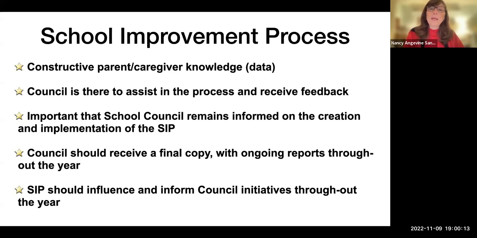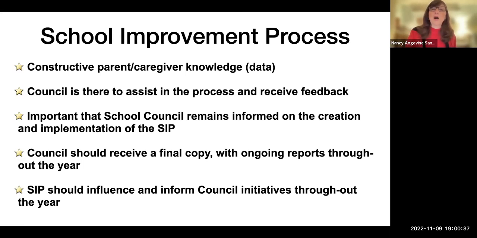And pick one or two of those goals that are identified in the SIP and find ways that throughout the year you can support those goals by making the parents and caregivers aware of them, by building their capabilities to support those goals at home.